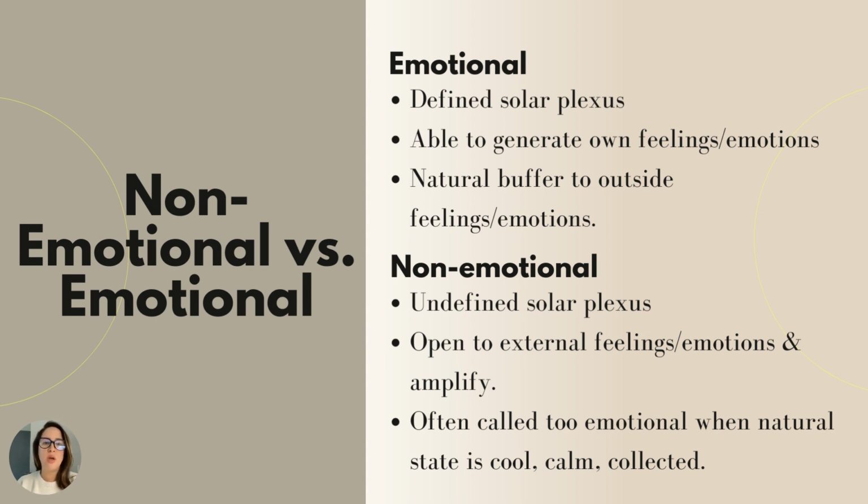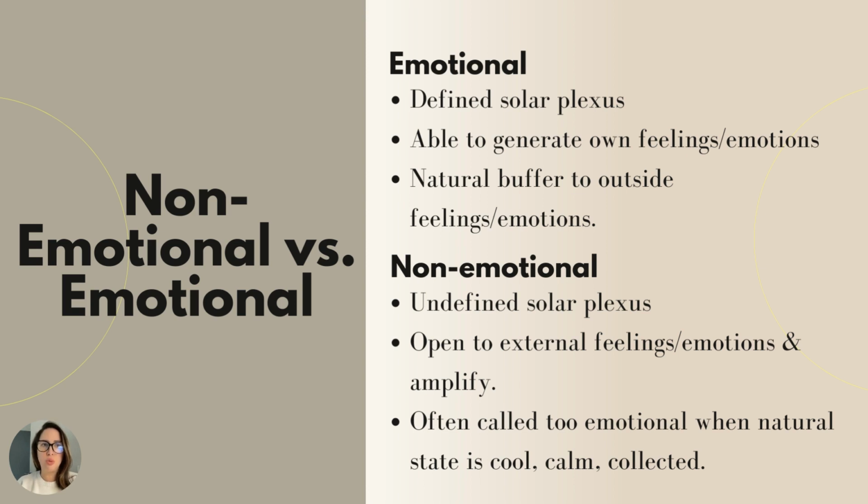So if you have a defined solar plexus, it means that you are able to generate your own feelings and emotions. If you have an open solar plexus, if it's white on your chart, it means that you are able to be conditioned through that center, which means that you take on the outside world's emotions, feelings, whatever is going on with other people, with the environment or the world around you, and then you amplify them.